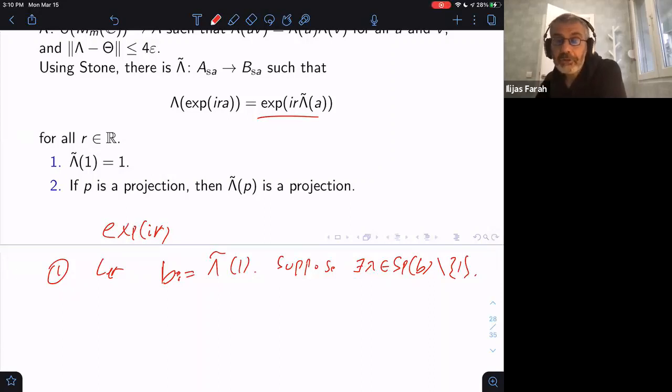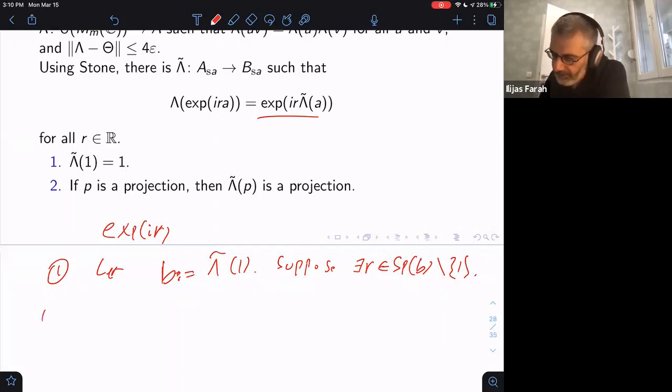B is self-adjoint, so its spectrum. Actually, I shouldn't be calling it lambda. I guess lambda is for a complex number. Let's call it r. So there is something else there. Now, what do we have?